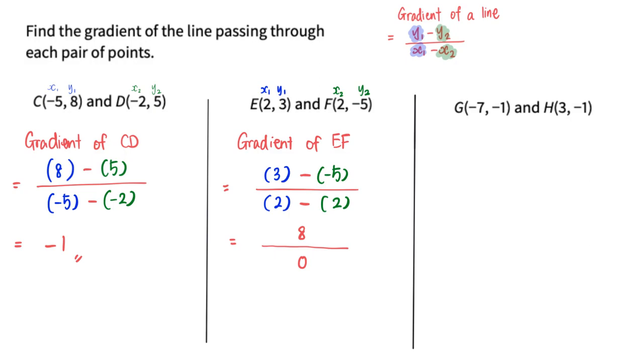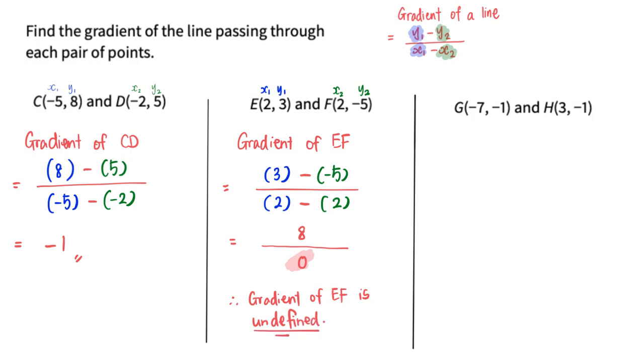And every time we have this situation where we are going to divide by 0, this will not give me any answer, because for this particular case, the gradient is undefined. Okay, so the gradient of EF in this case here is undefined.